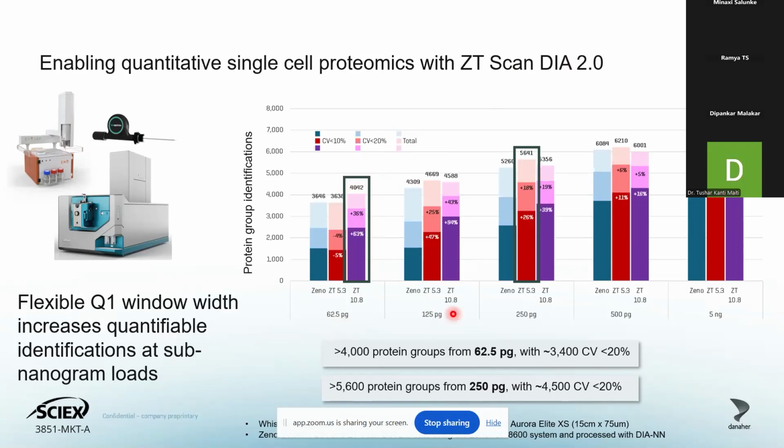Whereas at 125 picogram, which is similar to almost single cell level, we could identify more than 4,500 proteins. At 62.5 picogram, the number of proteins identified with percentage CV less than 20% is around 3,400. That means we can use these proteins for differential proteomics analysis. So this kind of sub nanogram or picogram level analysis can be done using the ZenoTOF 8600 system.